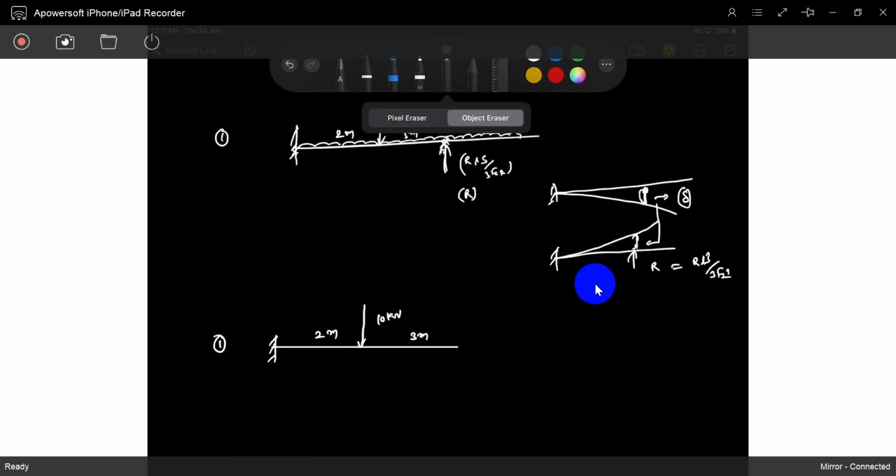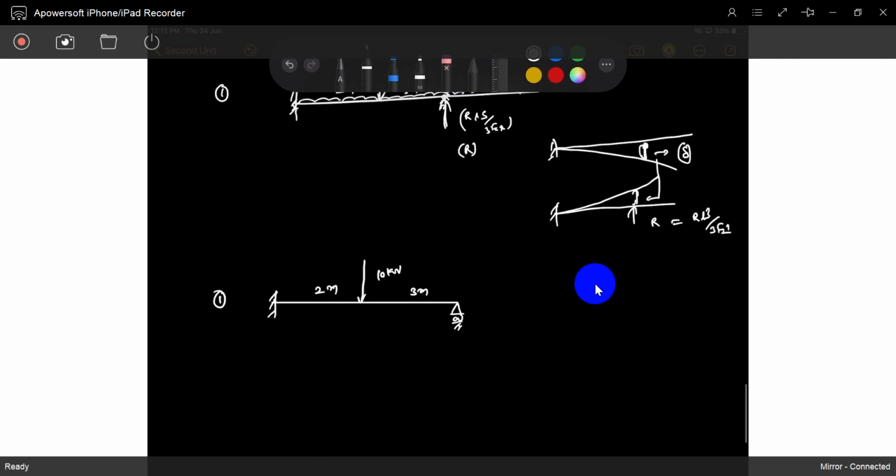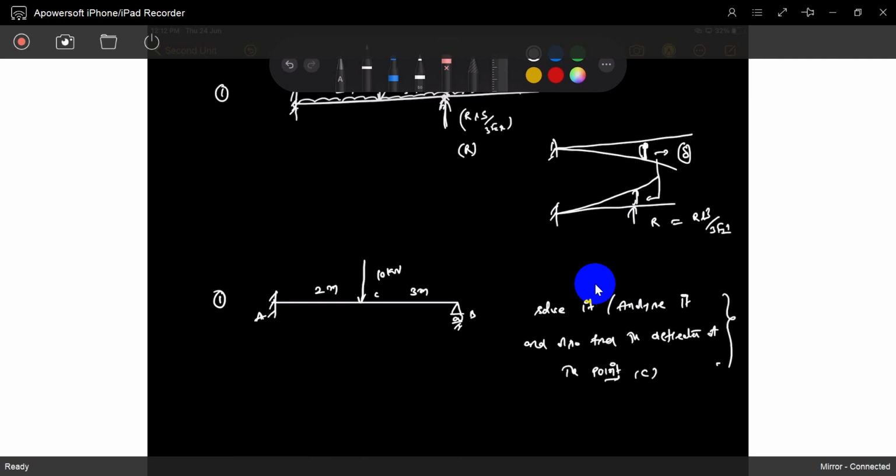So 3 meters. Now I will also include a prop. This is A, B and C. Solve or analyze it, and also find the deflection at the point C. That is the question.